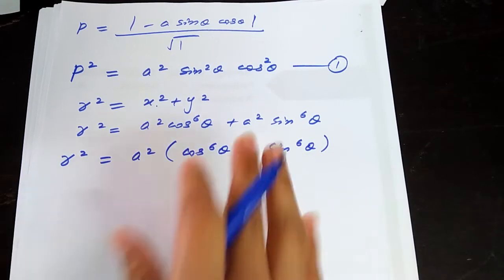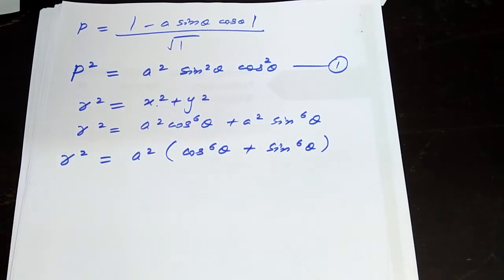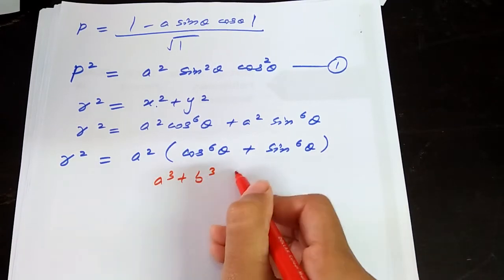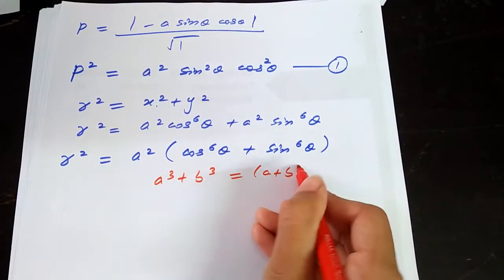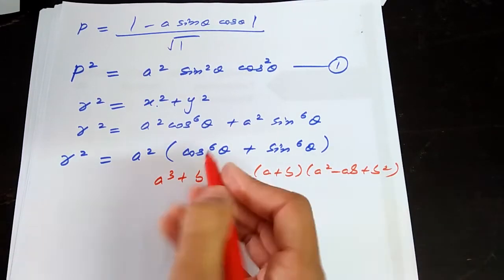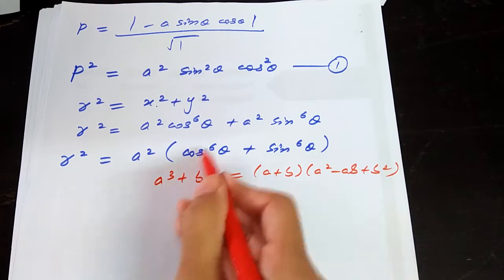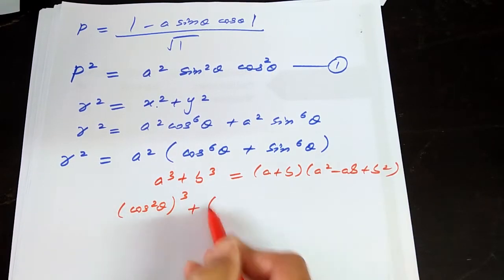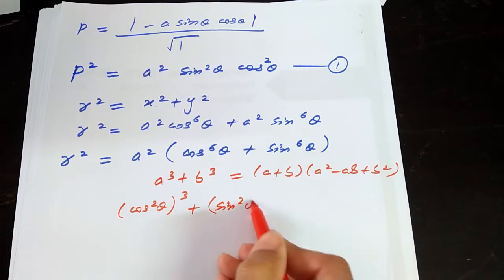Now here we can use the formula of cube. We can use the formula a cube plus b cube, that is equals to a plus b into a square minus ab plus b square. Now what is our a and b here? A here is cos square of theta and b here is sine square of theta.